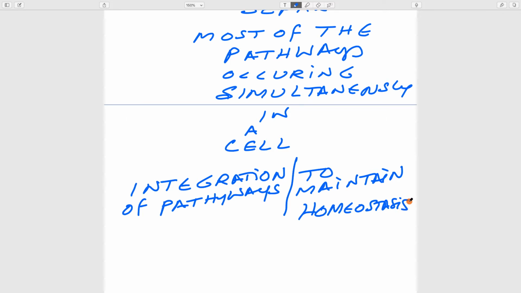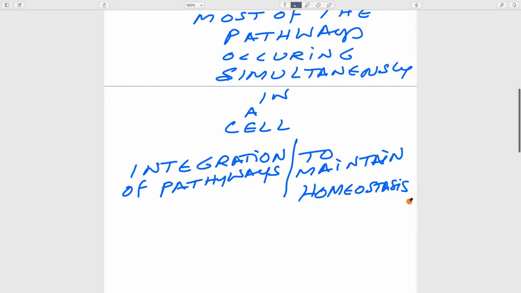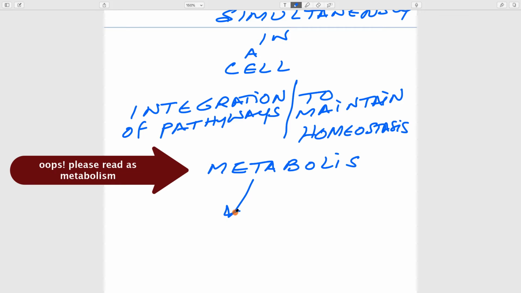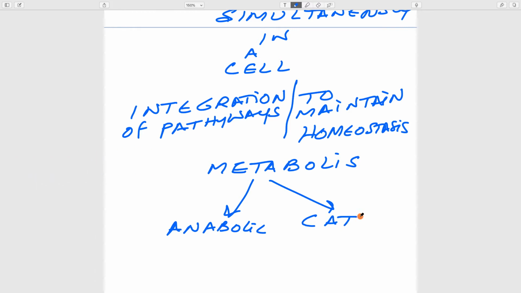When you talk about metabolism, it can be synthetic and also catabolic. So there are two aspects of metabolism. One is anabolic, that is synthetic, and the other one is catabolic, that is the breakdown pathway.